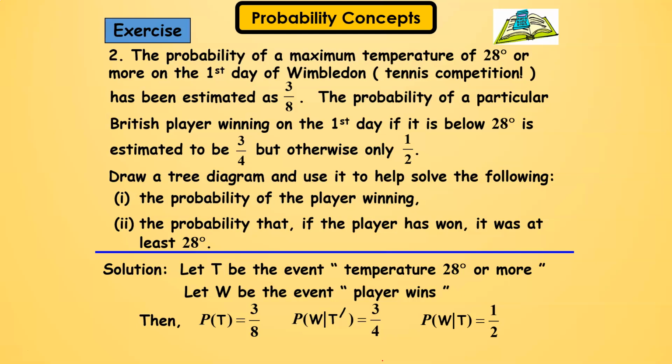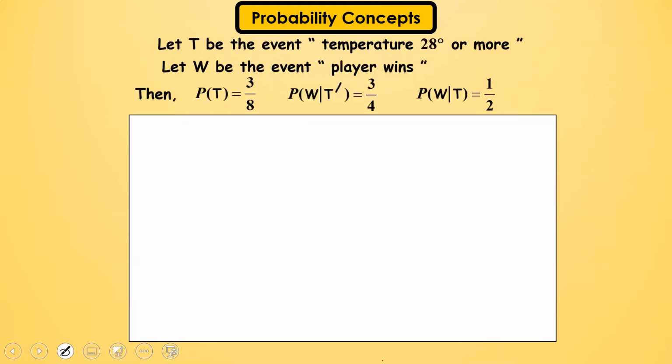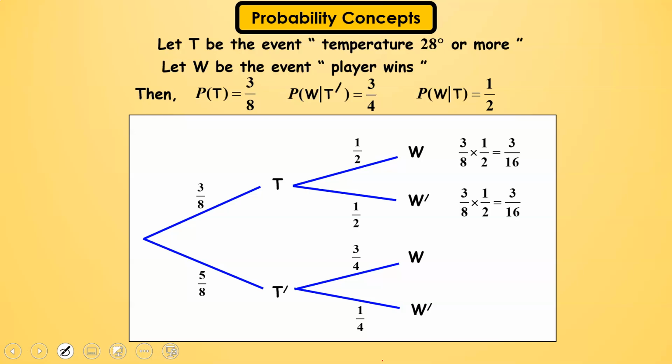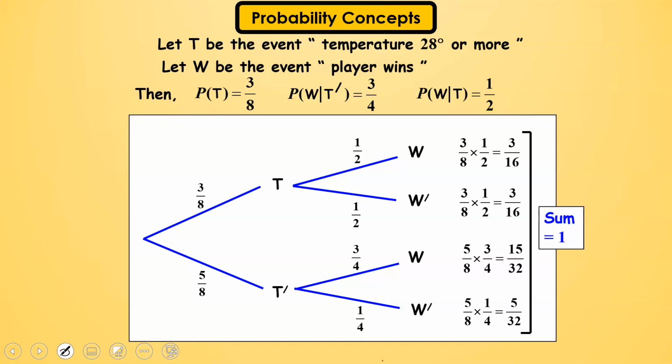So they have a better chance of winning if the temperature is below 28. So presenting our tree, we can get the following numbers and then we go through and find the individual probabilities. So they should add up to 1 and they do.